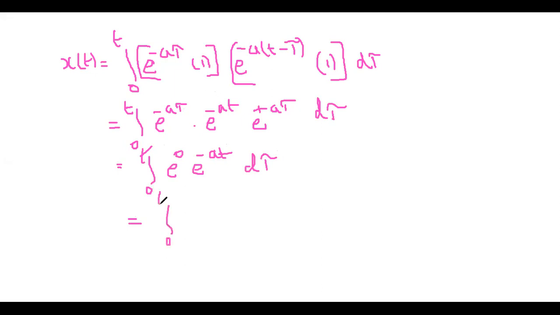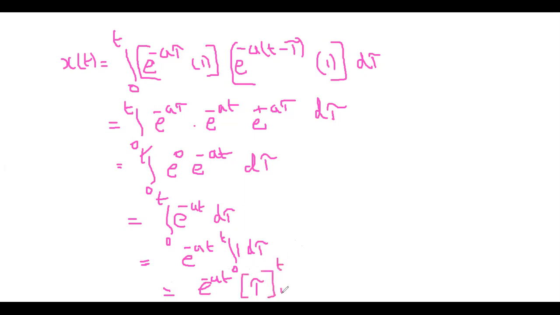So the integral 0 to t of e power minus a t d tau equals e power minus a t, a constant, taken outside, times the integral 0 to t of 1 into d tau. With respect to the constant, the integral value is tau, not t, because we are integrating with respect to tau. The upper limit is t, the lower limit is 0.